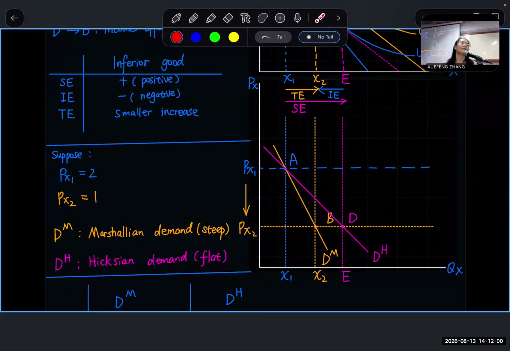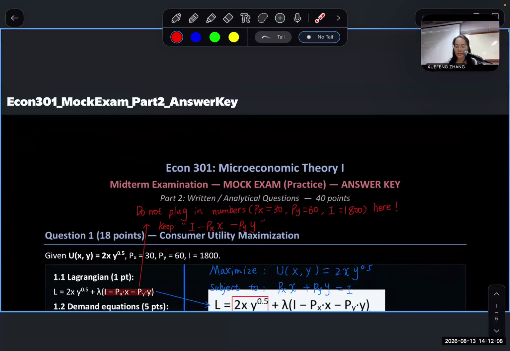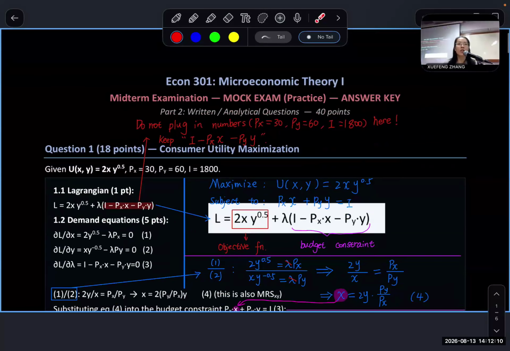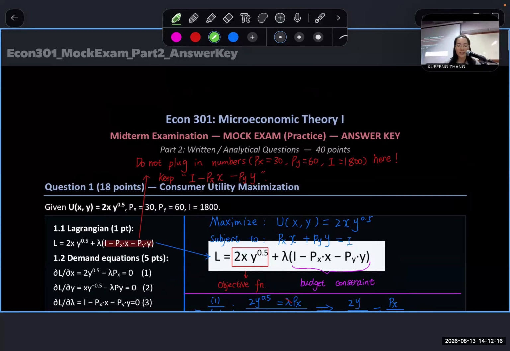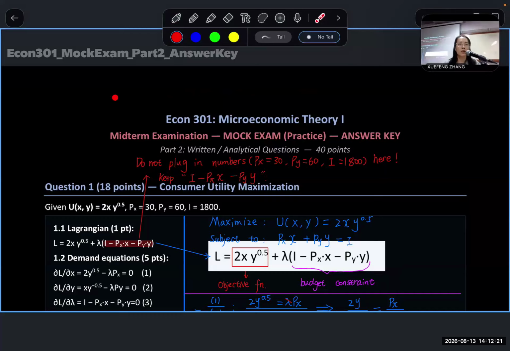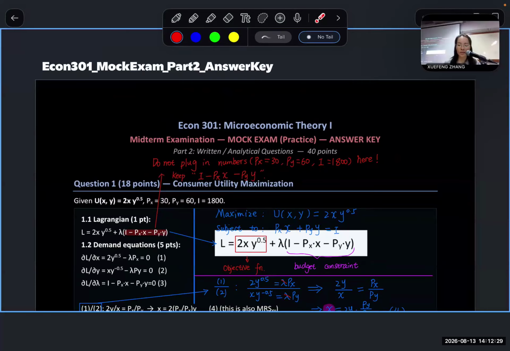Okay, that's all from my part. I think I tried my best to help you. I'll send you the answer. Work out by yourself. Let me emphasize again, for the midterm exam, 20 points for multiple choice questions, similar to Kahoot, and 40 points for the analytic one, which is similar to this one.